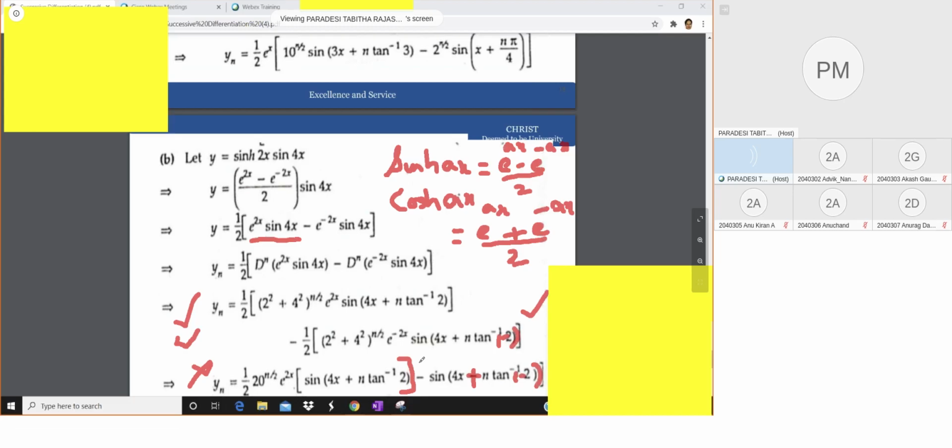Anybody doing it, mention it, otherwise we move on. Yeah, two mistakes we can see. Last step we will completely skip, the previous one is tan inverse of -2. I don't see her doing it, so I'm moving ahead.